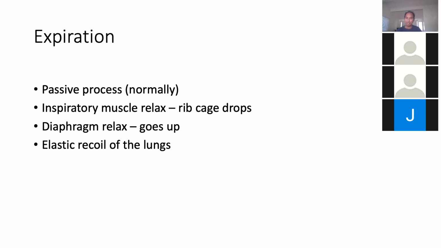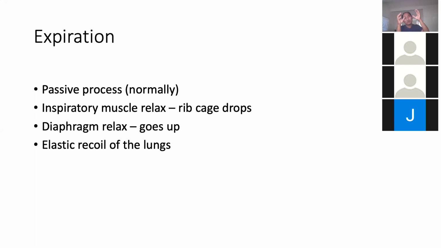So expiration is a passive process. You don't need to do much. You stop breathing in. The elastic recoil of our lungs, the elastic fibers and collagen fibers around the alveoli and around the thoracic wall, will gradually go back and relax.